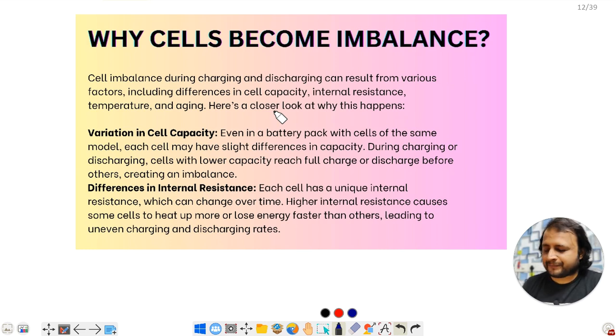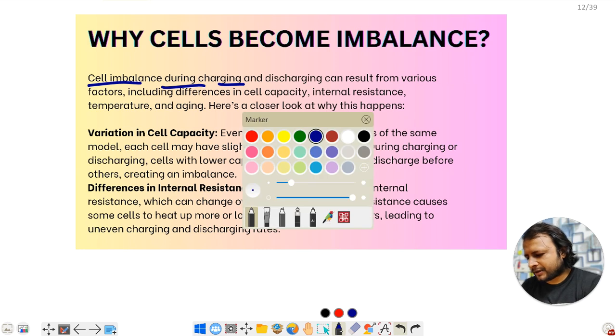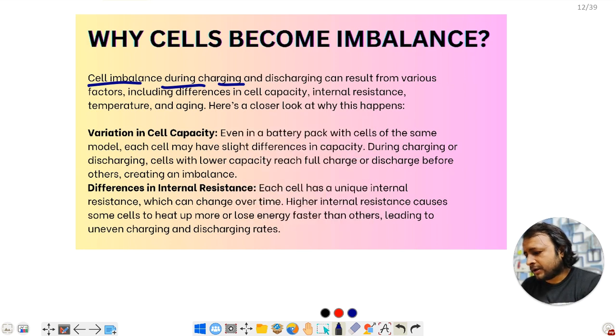Let us understand. Otherwise, if you know a better answer, you can go into the comment box and write there. Cell imbalance during charging and discharging can result from various factors, including different cell capacity. This is the first reason. What is it? Cell capacity.